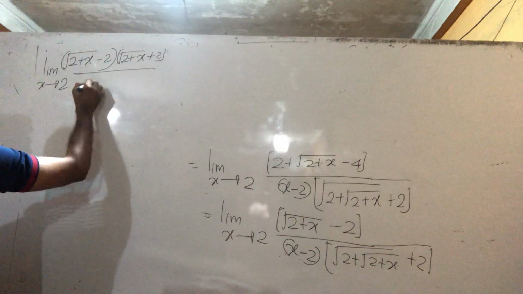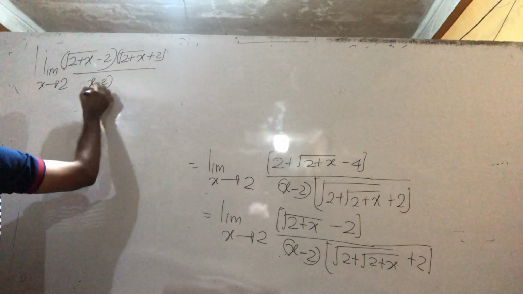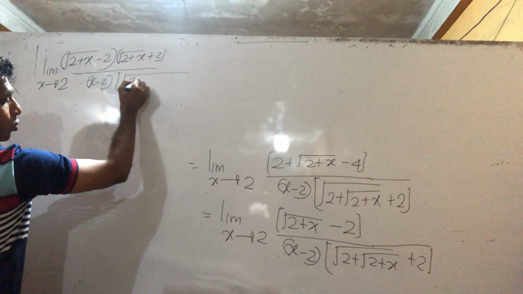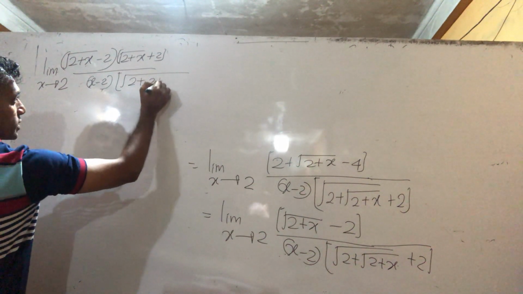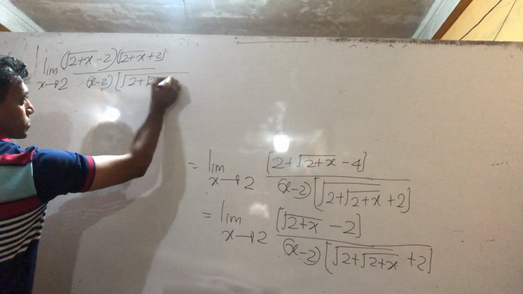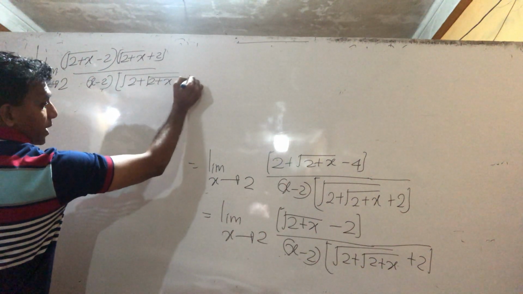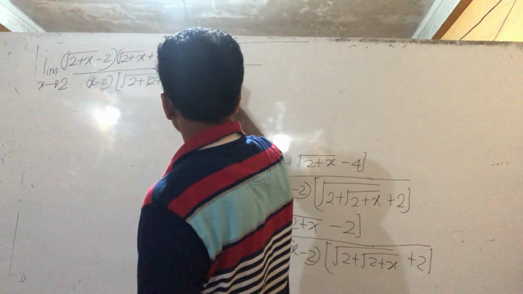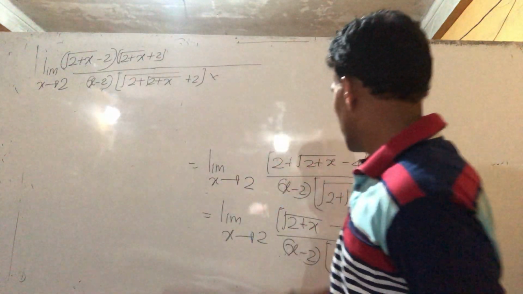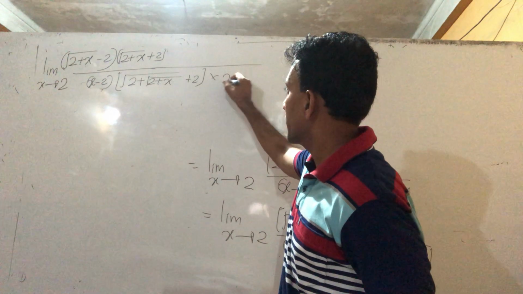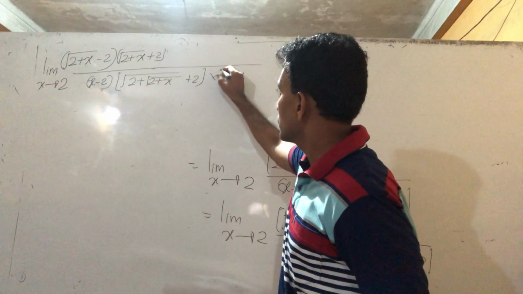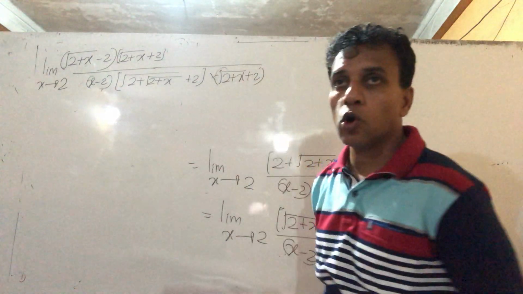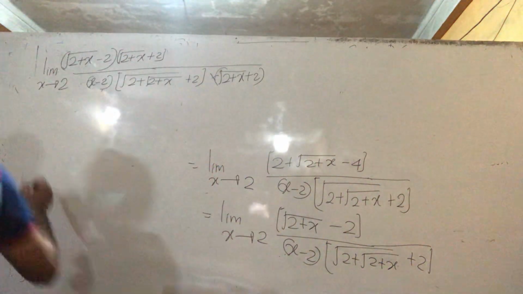We only have the x minus 2 and square root of 2 plus square root of 2 plus x, and outside the 2, and additionally multiply by the conjugate, square root of 2 plus x, plus 2, right? Plus 2, long work but simple.